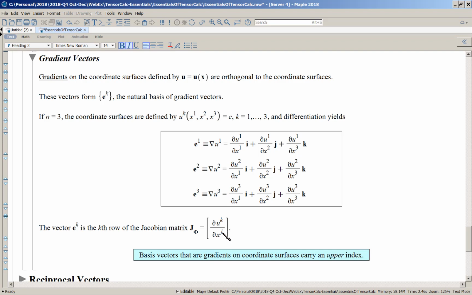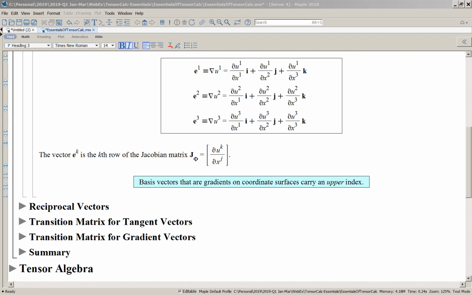This is the column index. So you pick a row, row 1. In row 1, the derivatives are with respect to x1, x2, x3, or xyz if that makes it more concrete. Okay, so the kth row of the Jacobian matrix, J phi, is one of these gradient basis vectors, and we use a superscript to express the fact that it is that kind of a vector.